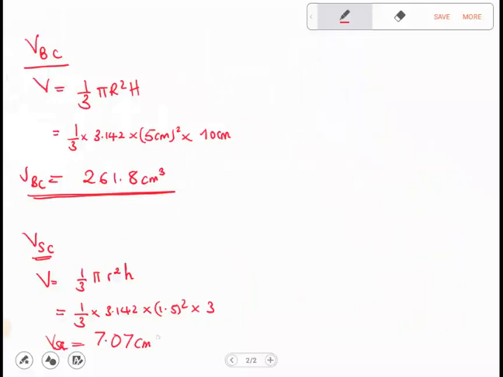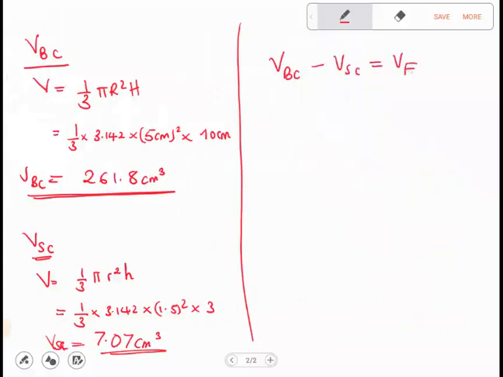Now remember, there's a formula that I gave you. I said the volume of the bigger cone minus the volume of the smaller cone should give us the volume of the frustum, and we're going to use the same one. So the volume of the frustum equals the bigger cone volume, 261.8, minus 7.07.